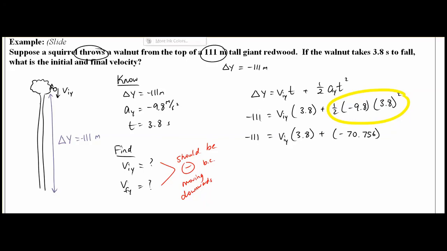And what I have to do now is add that to both sides, because I want to get the initial y all by itself. And when I do that, I am going to get on this side negative 40.244 equals 3.8 times the initial y. And my last step is to divide both sides by 3.8.